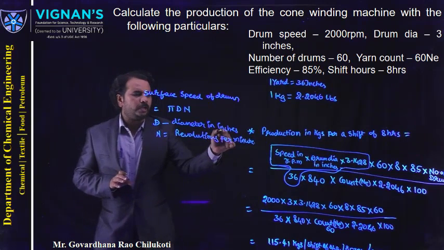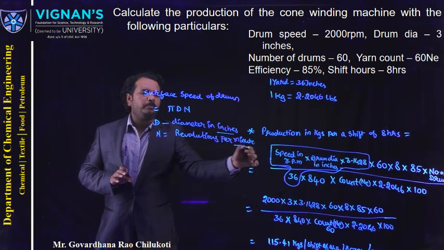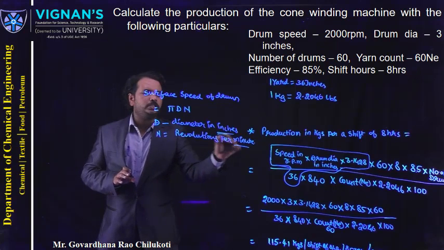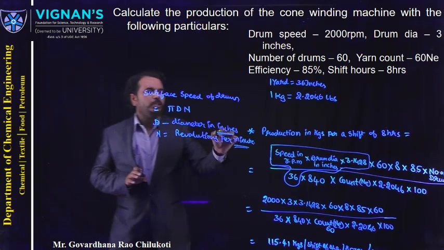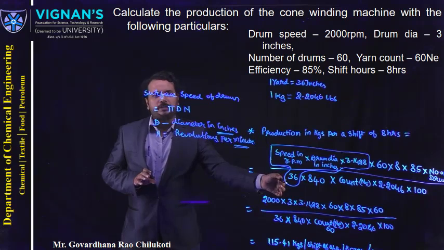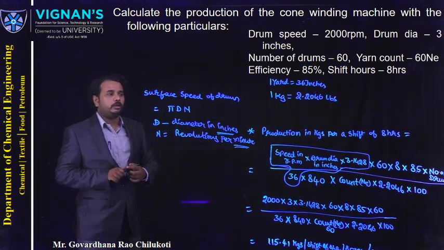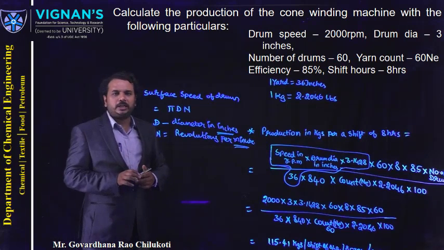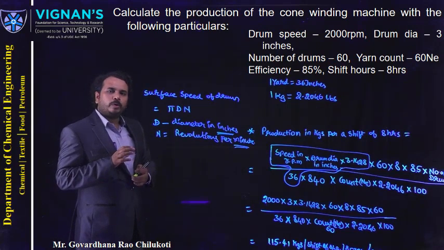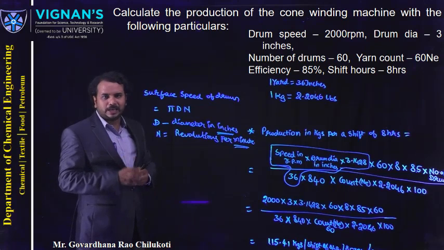So inches per minute will come. Now inches we have converted into yards by dividing by 36. So this is the simple calculation of how we can calculate the production of a winding machine.